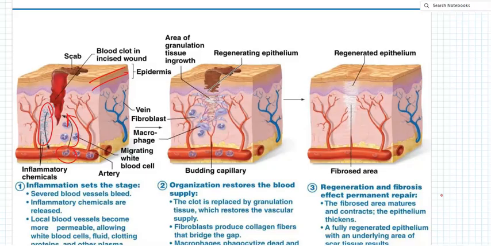Am I making sense right now? So how do you deliver more blood cells? You increase the blood flow. How do you increase the blood flow? Dilate the blood vessels. When there is more blood flow to a certain area of the skin, how does the color of that area change? It gets redder. Redder. So the first sign of the inflammation is redness. Okay?